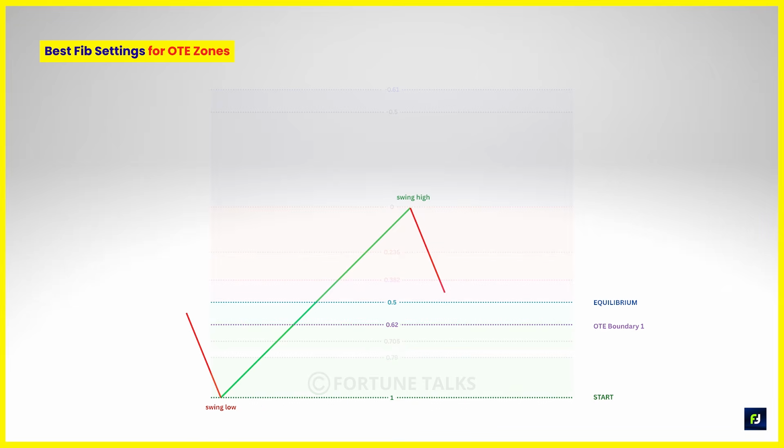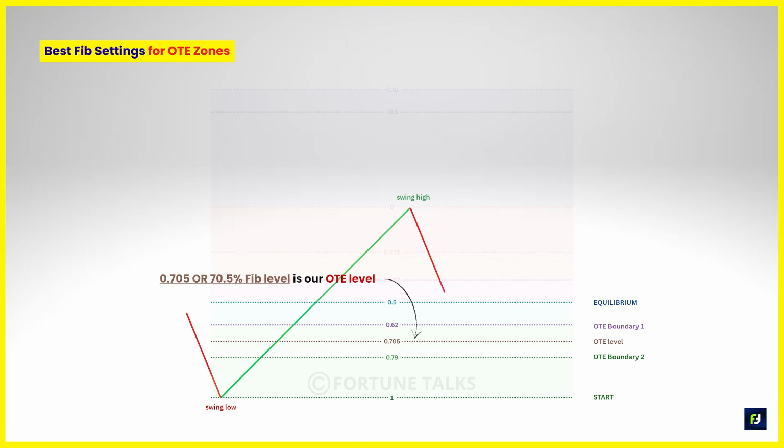Now, 0.62 fib level would be the OTE zone boundary number 1, and fib 0.79 would be the OTE zone boundary number 2. The optimum trade entry level resides within this OTE zone. The OTE level is the midpoint of the boundary number 1 and 2, which is the 0.705 or 70.5% Fibonacci level.